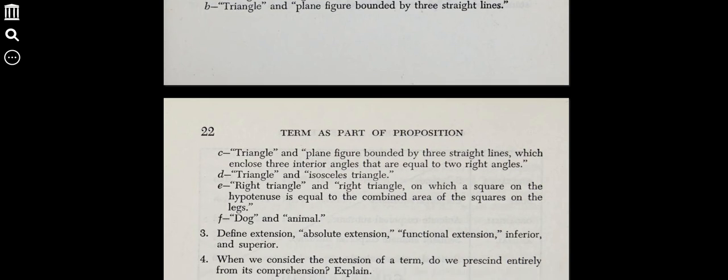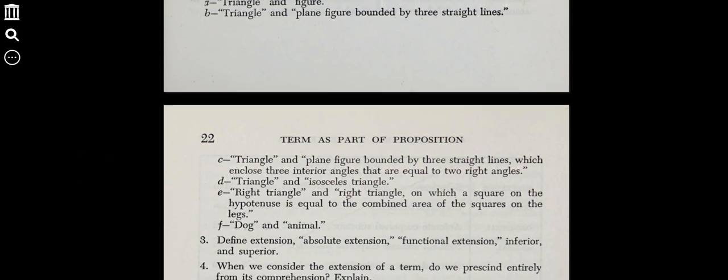For B, we have triangle and plane figure bounded by 3 straight lines. So we can just define a triangle as a plane figure bounded by 3 straight lines, so they have equal comprehension. And with C, we have triangle and plane figure bounded by 3 straight lines, which enclose 3 interior angles that are equal to 2 right angles.